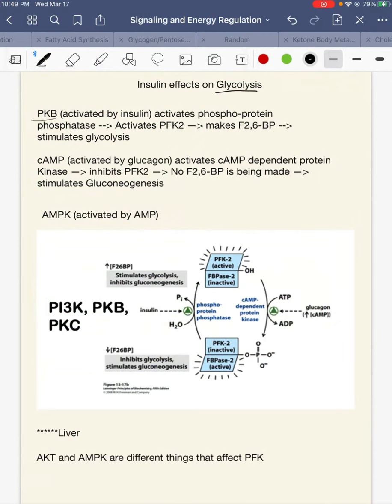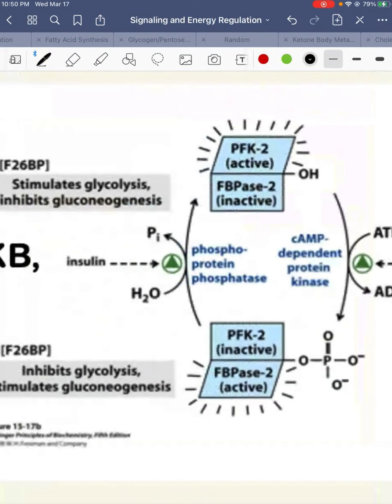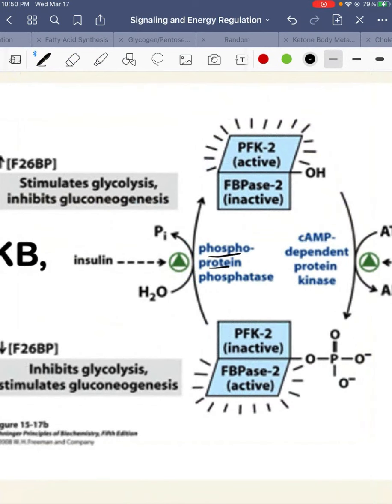PKB, which is activated by insulin, we already mentioned that, activates phosphoprotein phosphatase, which we'll talk about briefly. Phosphoprotein phosphatase activates PFK2. PFK2, remember, makes fructose 2,6-bisphosphate, which stimulates glycolysis.